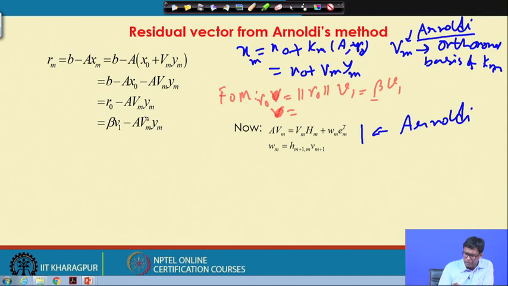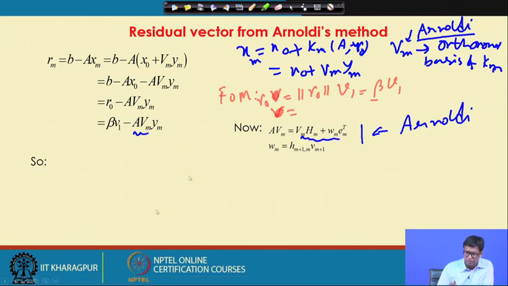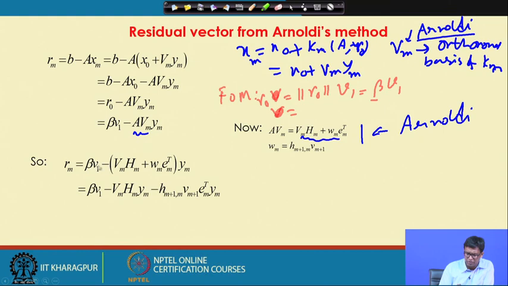So, now I will substitute A Vm by this particular quantity. So, Rm is equal to beta V1 minus (Vm Hm plus Wm Em transpose) ym, and this is beta V1 minus Vm Hm ym minus H(m+1,m) V(m+1) Em transpose ym.